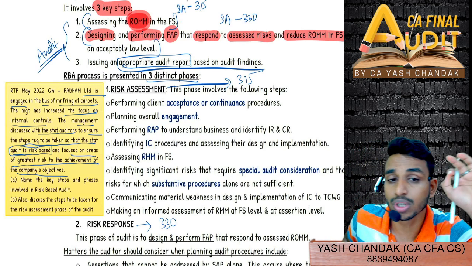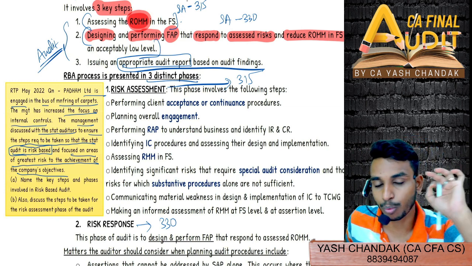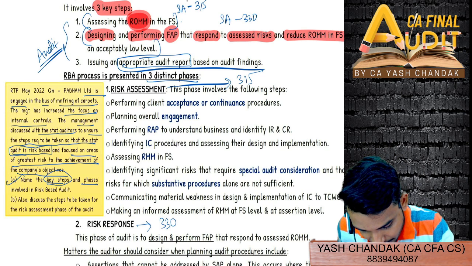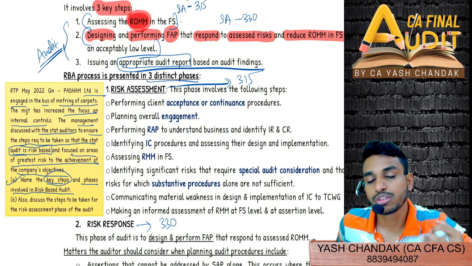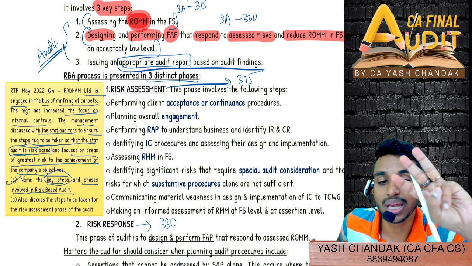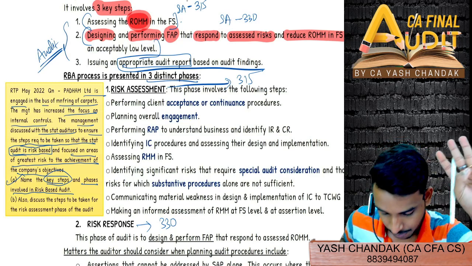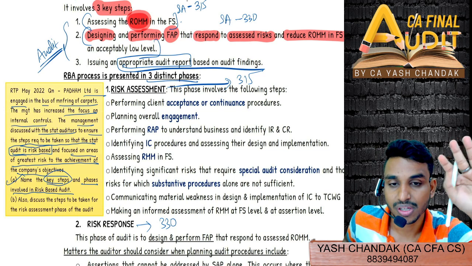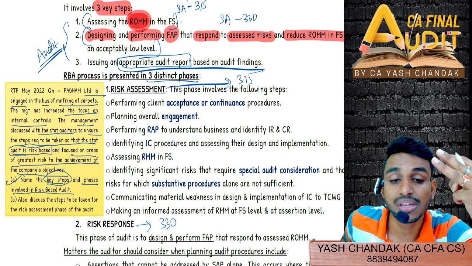That means you want to focus only on important, significant areas. So name the key steps and phases involved in risk-based audit. So what will be your answer? Those three key phases or key steps.